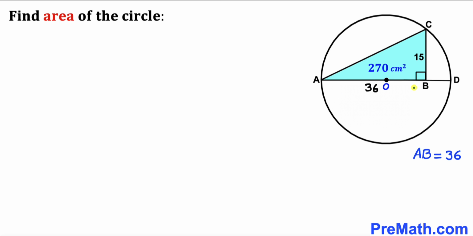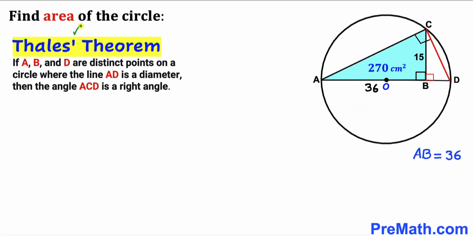And here's our next step. I have extended this line AB all the way to this point D. As a result, we got this AD as the diameter of this circle with the center O. In this next step, I have connected this point C with this point D. Now let's recall the Thales theorem.